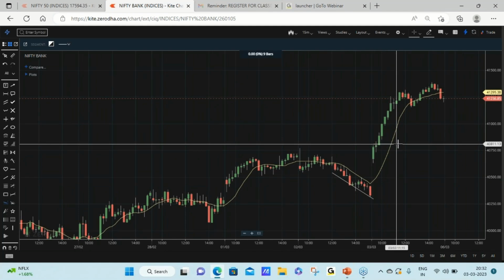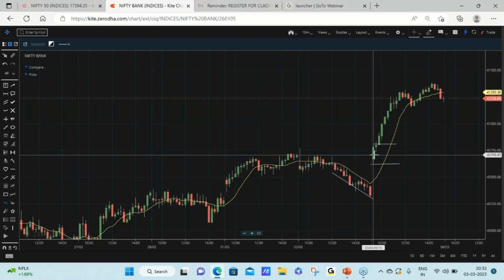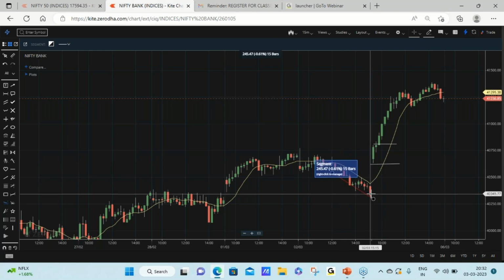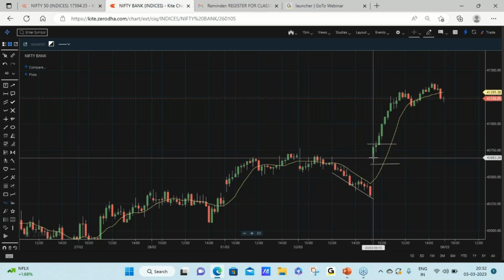All these candles were closing beautifully below 10 SMA. Suddenly, if a candle closes above 10 SMA, that is when a bullish trend is initiated. The first candle which is closing above 10 SMA is our reference candle.